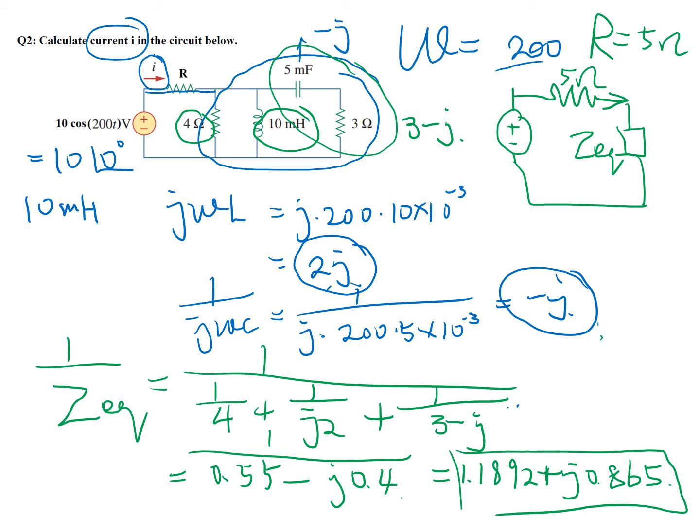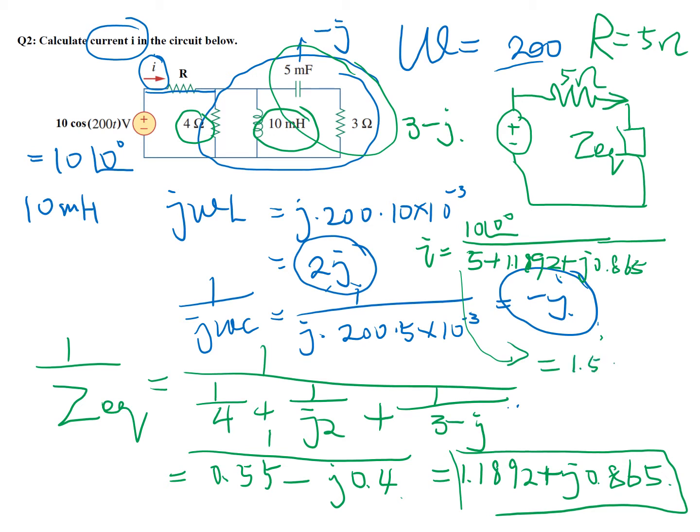So the current I is equal to 10 at an angle of 0 degrees over 5 plus 1.1892 plus j0.865. And you get this value as 1.5847 minus j0.2215. And this is our final answer.